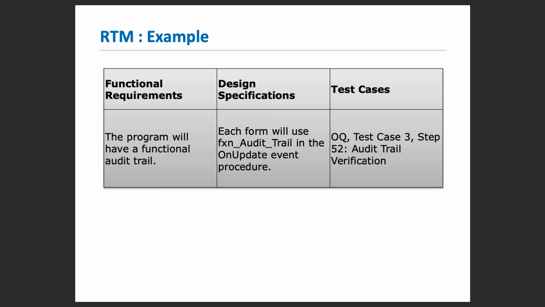Just one second. Talking about the RTM, this is just an example. You might see different RTM templates and formats used in different companies where you go. But the basic principle is, let's say this is a functional requirement, and then there are test cases. This RTM acts as a bridge, or a mapping, between the functional requirements and test cases.